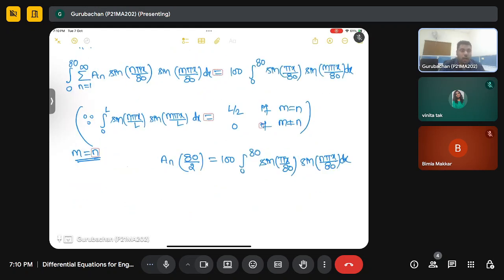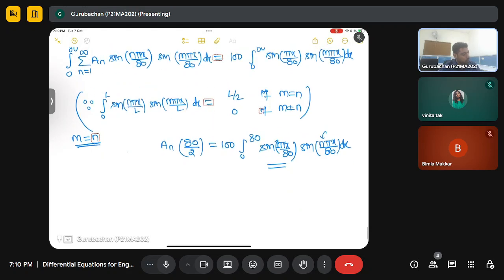Now if you observe, here the value of n is 1, here it is n. So this integral also makes sense only when n equal to 1, otherwise this integral will be 0 by the orthogonal property of this sine function.